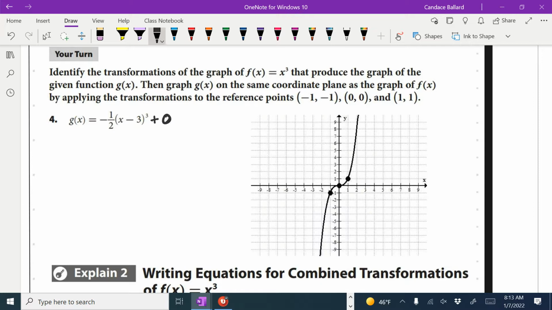I'm going to give you like 2 minutes. See if you can do exactly what we just did in the last one. See how much of it you can get down. Challenge yourself to get as much of it down in 2 minutes as you can.